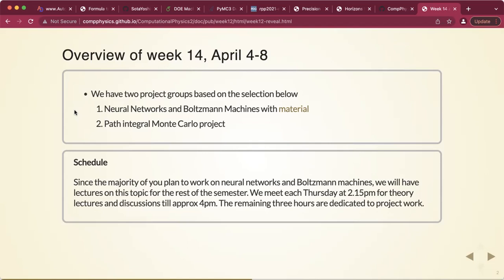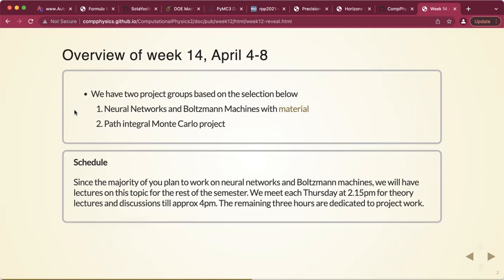Then we have another group which has expressed an interest to work on path integral Monte Carlo methods. We will not have dedicated group sessions, so that means that those of you who are interested in that topic will have more to deal with this as a kind of special study, and then we will meet at the lab and discuss complications or problems which you may have.